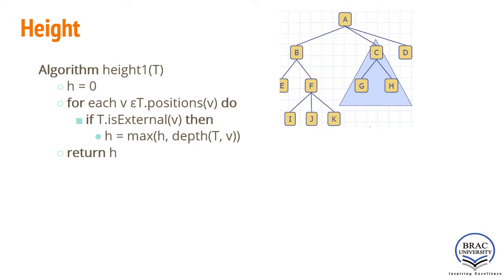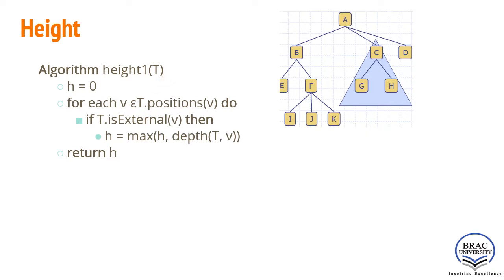So for this algorithm, at first height is 0, then the value is calculated for each vertex, and it uses the definition or the method depth for calculating the height of the tree. And this is not a recursive method. Is it okay? Because in this method there is no internal calling of the height method.